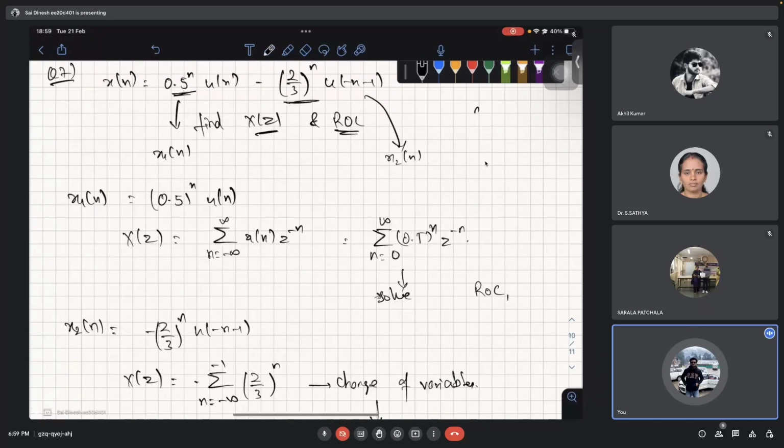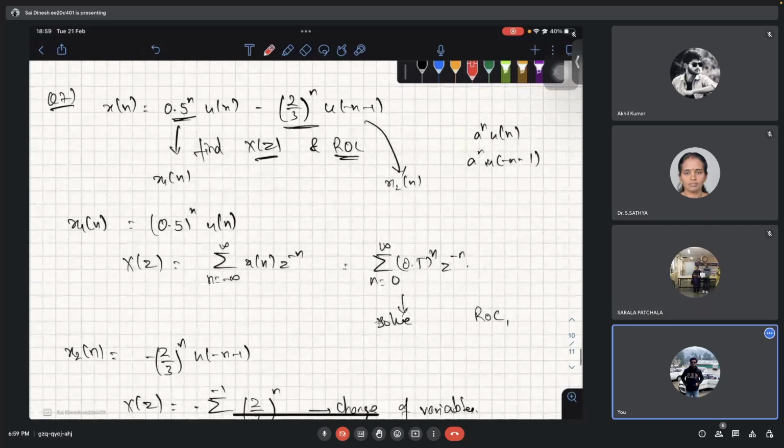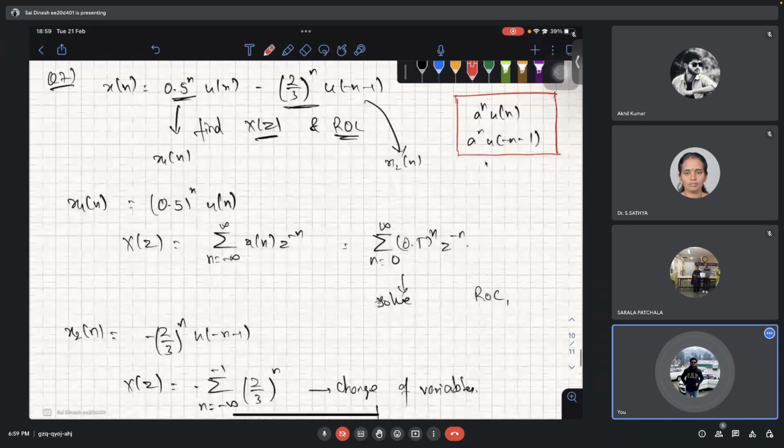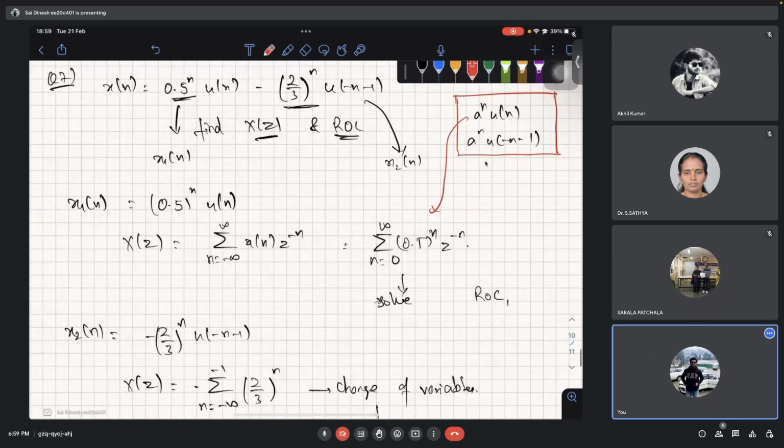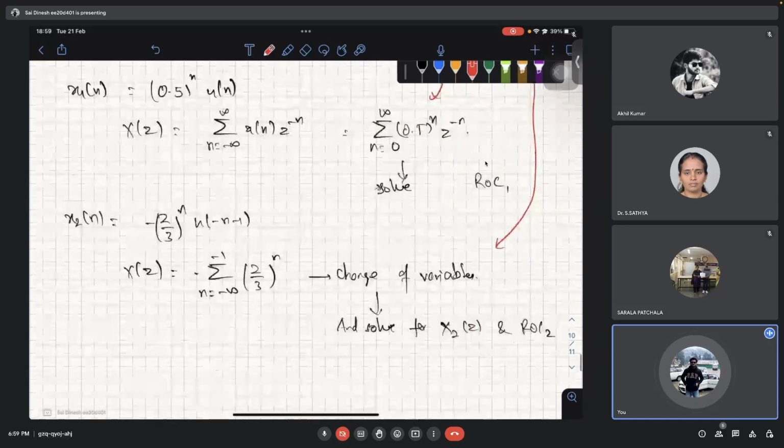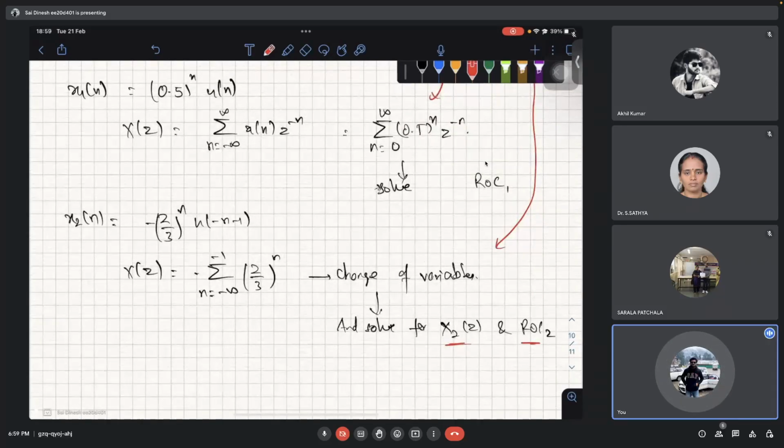Earlier we have seen how to do the Z transform for this type of signals. So apply whatever is there for this one and this one, and find x1 and x2.